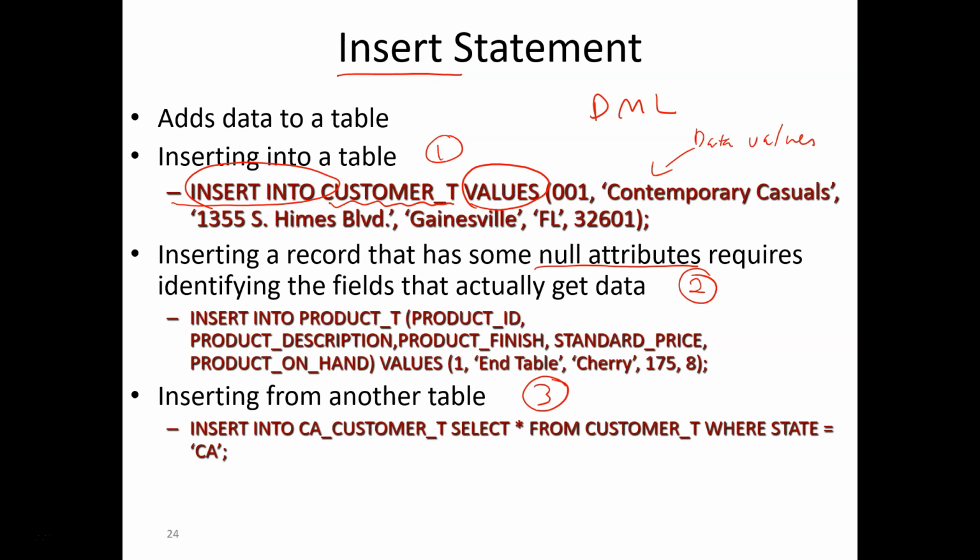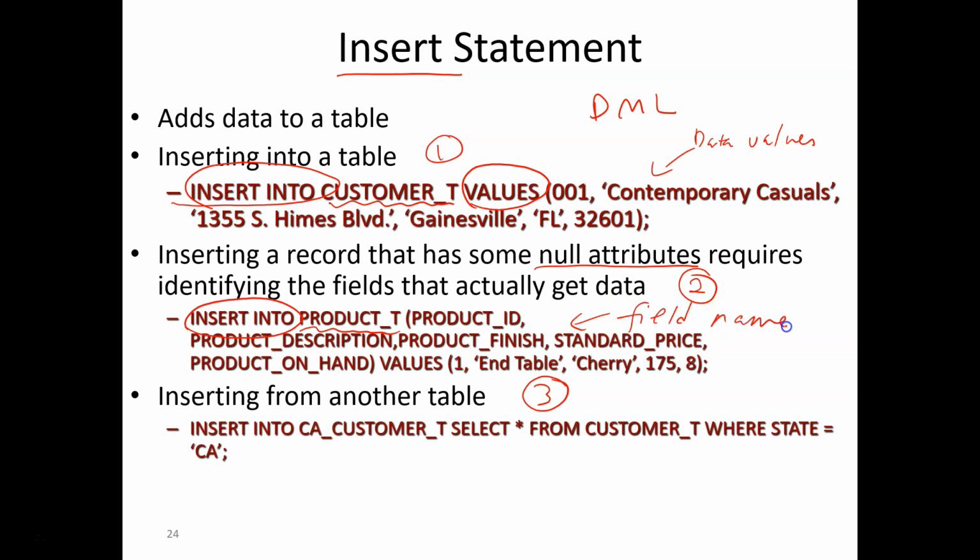The second version of the insert statement is somewhat different from the first version. Take a look at the second insert statement here. Insert into product table, right? So same thing. You use the keywords insert into, followed by the table name. Then, following the table name, you specify the field names of the fields in which you are inserting data.